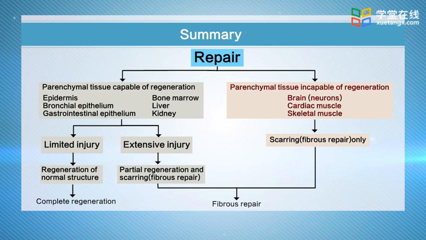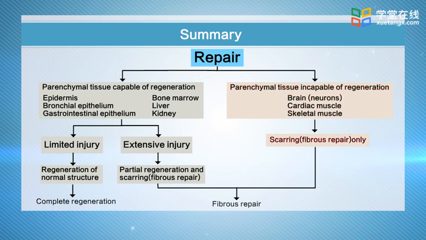Fibrous repair begins with granulation tissue formation and culminates in the laying down of fibrous tissue. Granulation tissue is a mixture of proliferating capillaries, fibroblasts, and inflammatory cells. Over time, as most vessels regress, inflammatory cells disappear, and collagen accumulates.